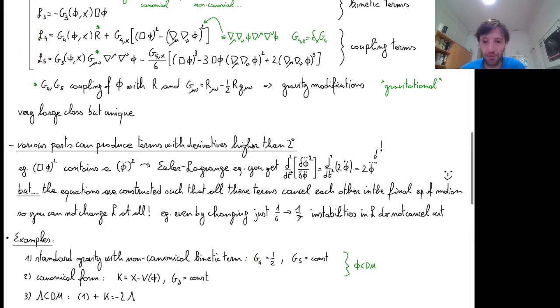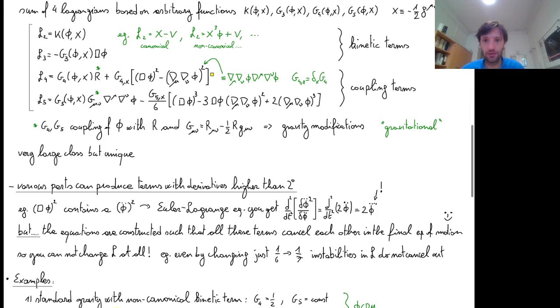Then an example. If we want instead a canonical form for your fluid, then K must be equal to that, and you recognize this is just a typical canonical form, and G3 has to be a constant. But you say, there is this box operator.